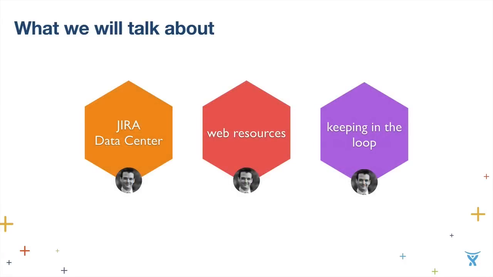And then Ian will take over the stage, and he will dive into the juicy technical details. He will talk with you about the changes in JIRA implied by our data center offering. He will talk with you briefly about how to do web resources properly, and then he will remind you what are the communication channels in which we communicated the changes which are happening in the JIRA platform.